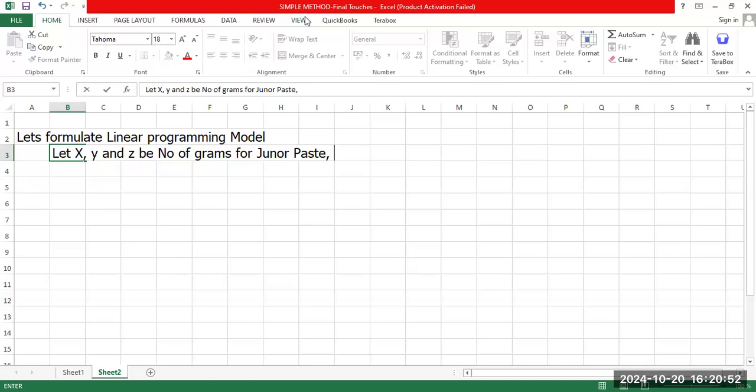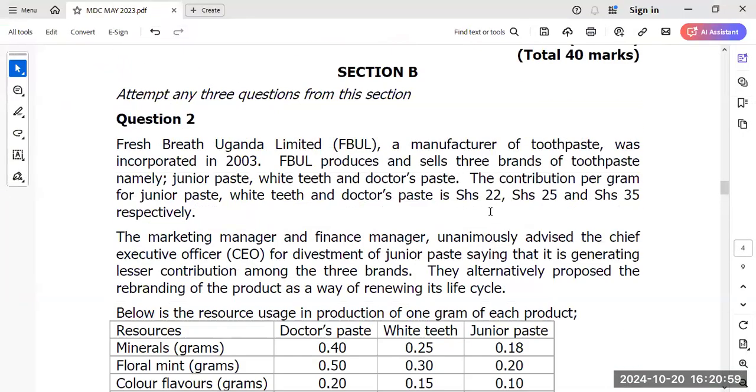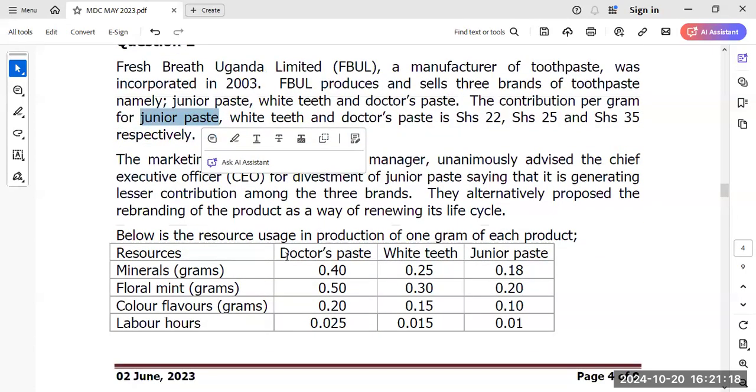Let's analyze how our contribution is given. They started with junior. We need to be very sober here. Here they started with Junior Paste, White Teeth, and Doctor's Paste. But when you check down, they started with Doctor's Paste, White Teeth, Junior Paste.